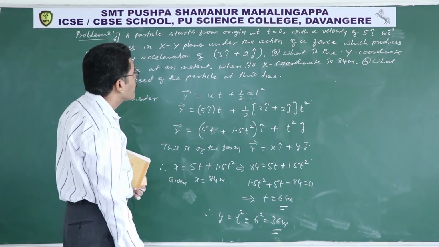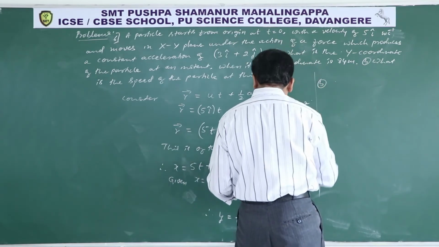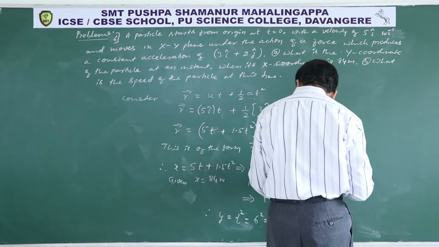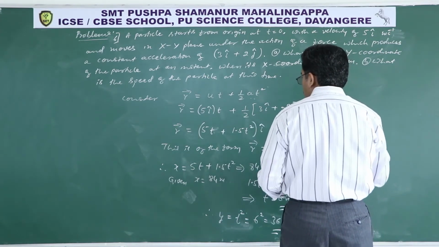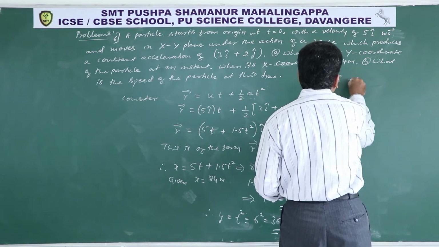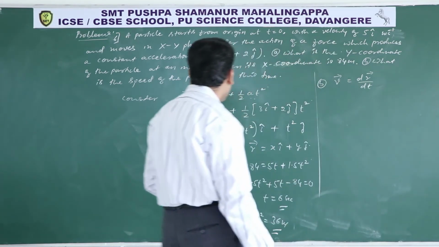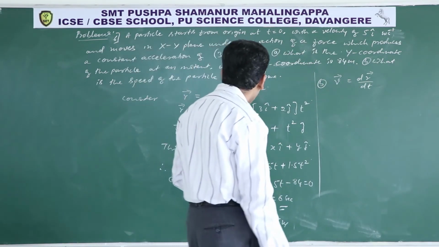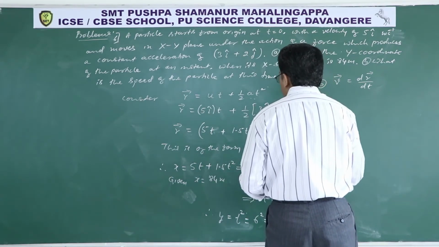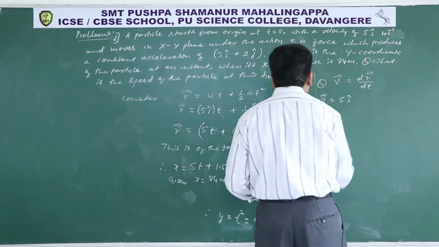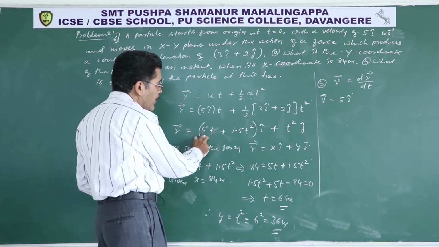And also they ask you to find the velocity. Let us come to question number B. Velocity is given by v is equal to dr by dt. You please differentiate this equation. So we are going to get v is equal to 5 into i cap.